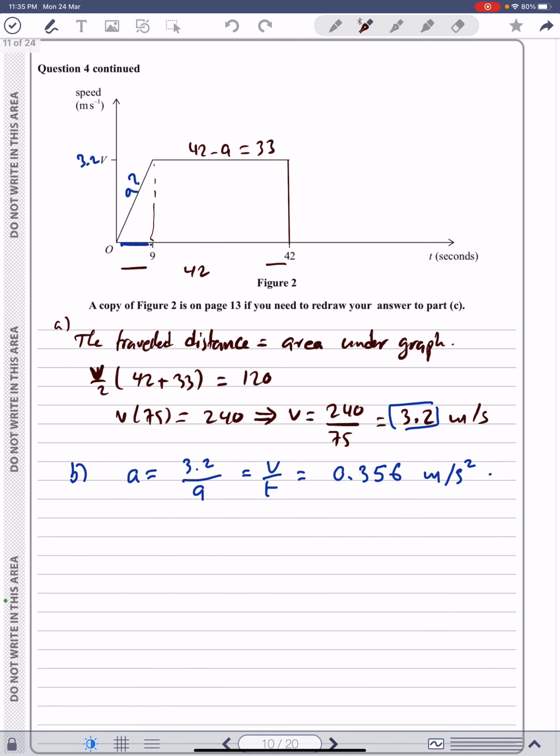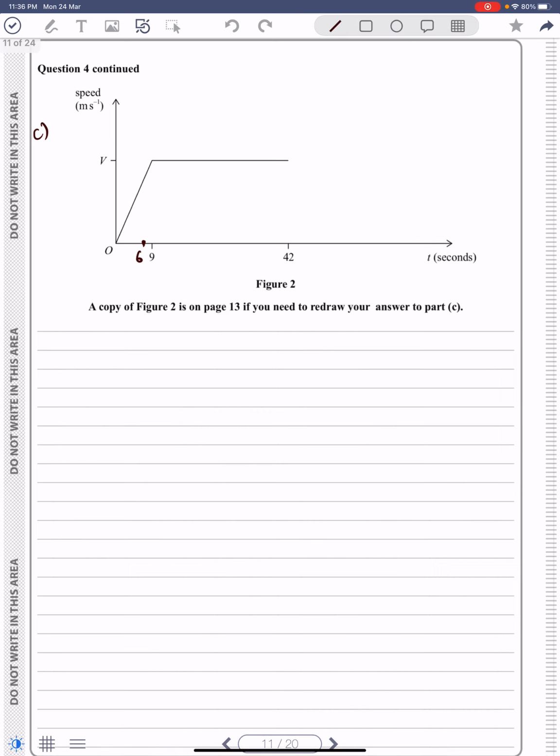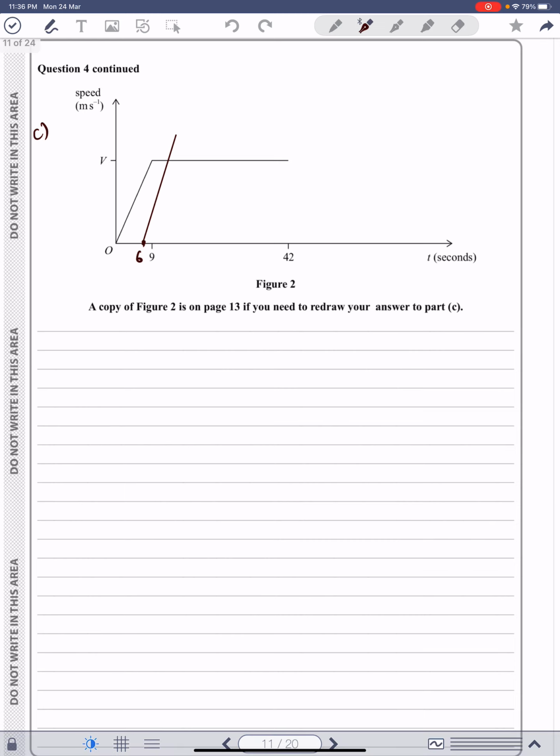So part C, I will not do there, I will do it here. I prepared this page for you. The question said she sets off 6 seconds later, so from here, 6 is here. Then the second cyclist accelerates until she reaches 3.6, because this is here 3.2, so 3.6 is slightly above 3.2.